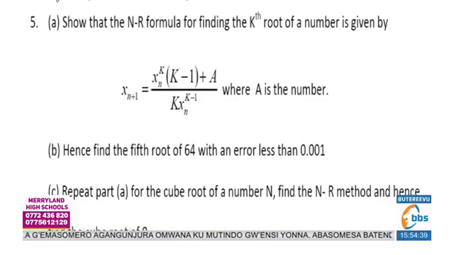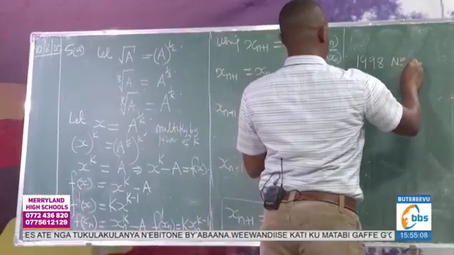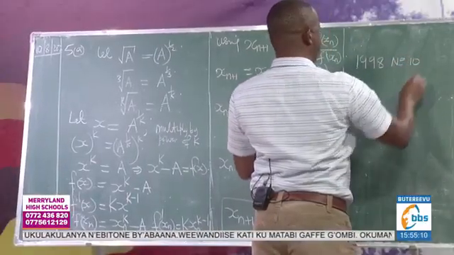I will just give you a few numbers to try out in addition to this number. Feel free to try out some more numbers that are available in the question bank book. 1998, I will just give you two. 1998, number 10, this is March.